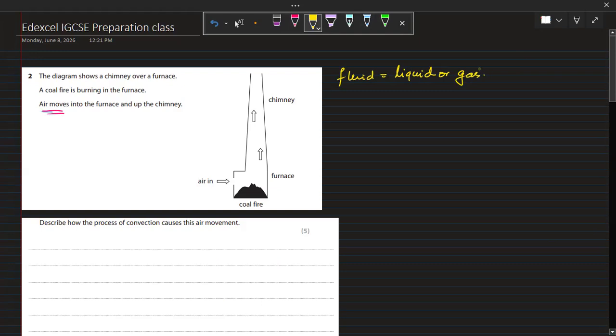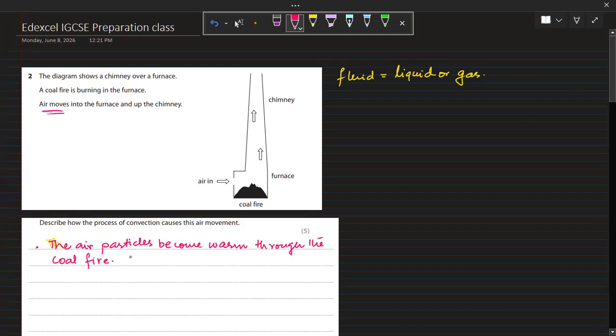Now we are going to describe the process of convection, how the convection takes place, right? So what happens? The particles become heated, they become warm, right? So the air particles become warm through the coal fire, right? Okay.